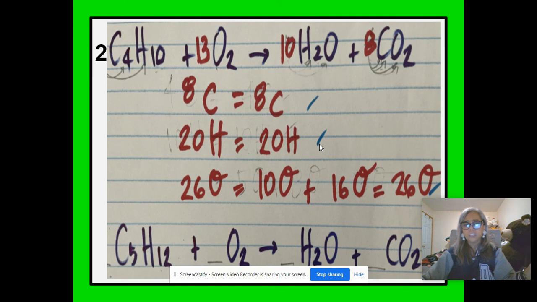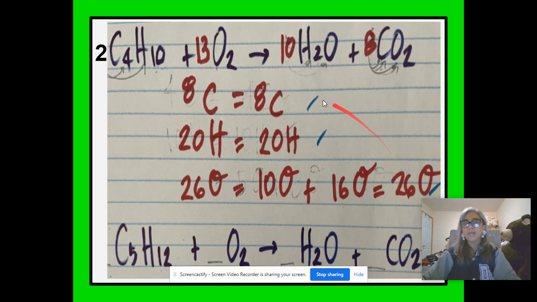And finally, for oxygen, as a rule of thumb, you start on that side where the coefficients are already done. So in this case, it would be the right side. So let's count the oxygens on the right. So 10 here, 10 oxygen. And for this, you have an 8. 8 times 2, that would be a 16. 10 plus 16 would be 26.